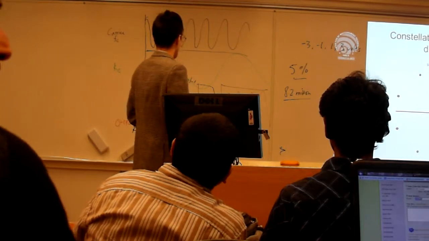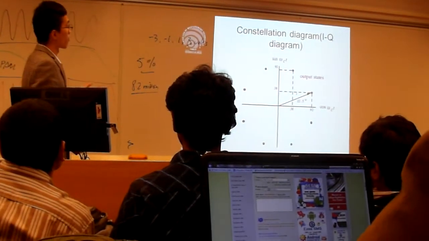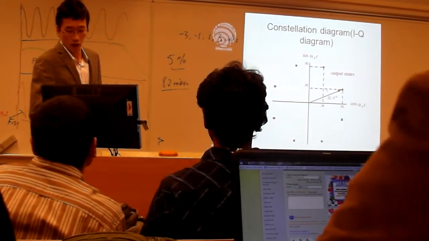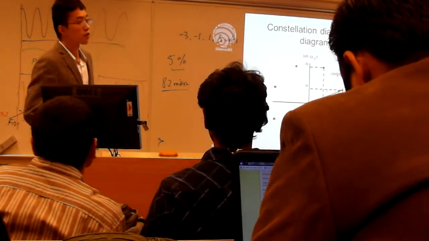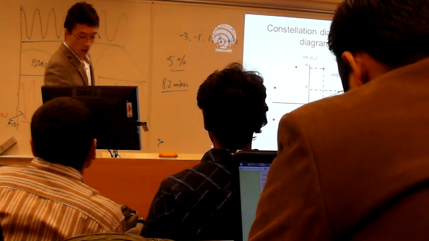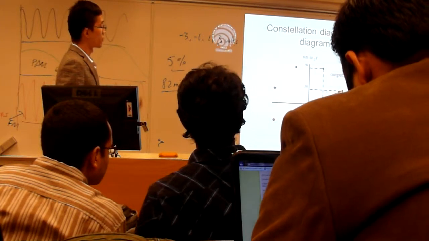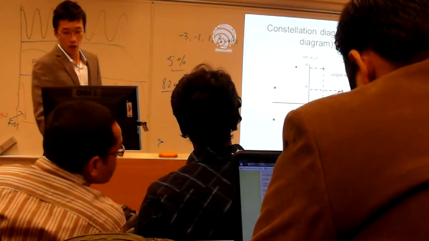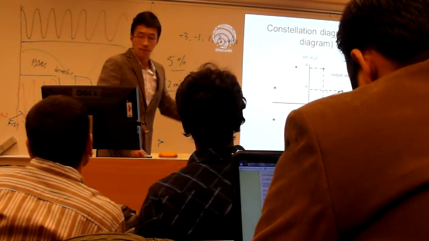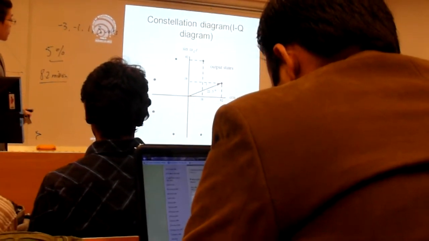The next part I would like to talk about is the constellation diagram. It's the so-called IQ diagram. In the digital field, the IQ diagram is widely used because, as we can see from the graph, it displays the signal in 2 dimensions.